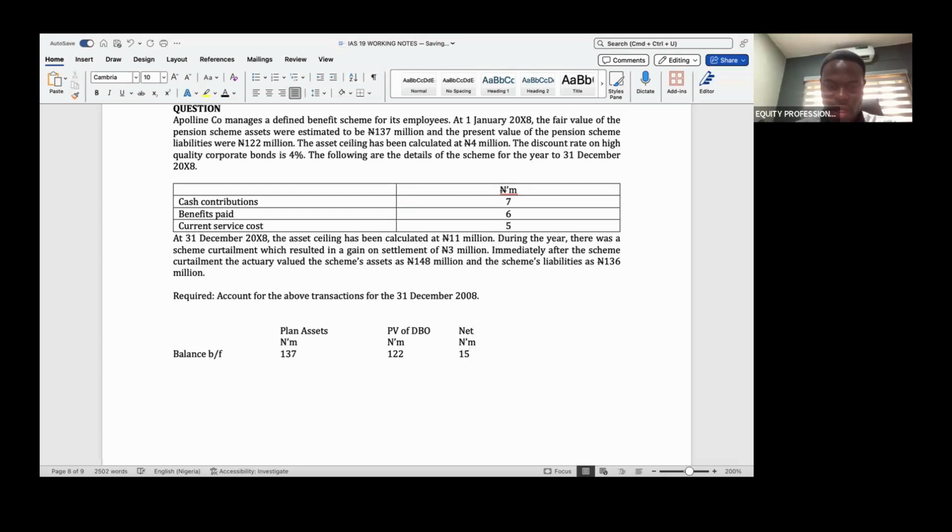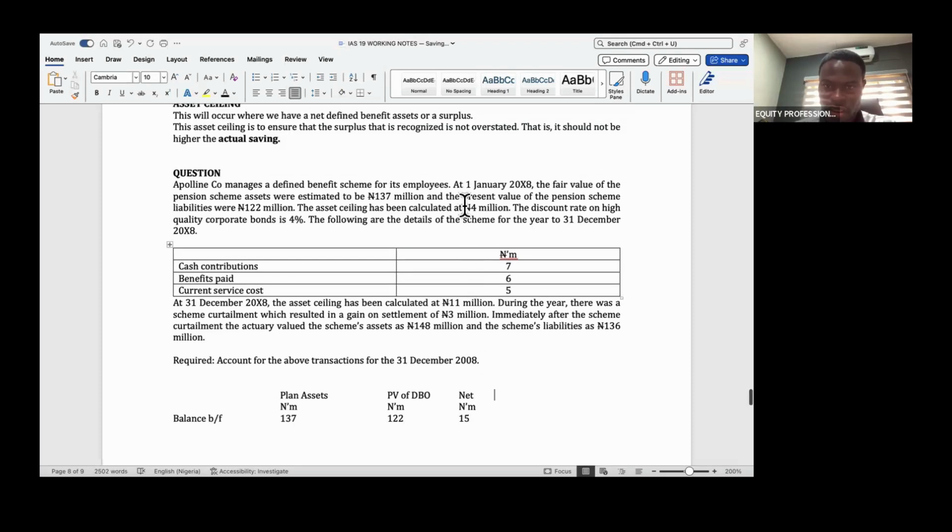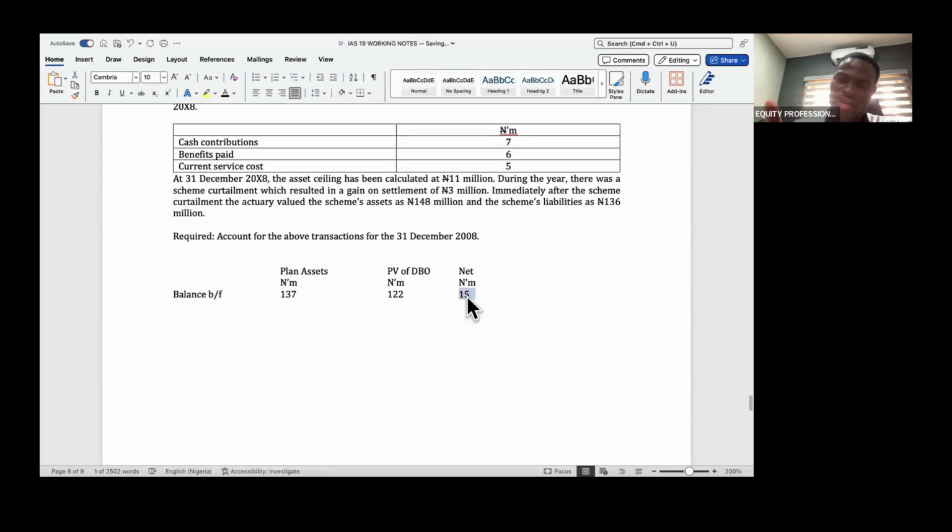However, I can see that they said the asset ceiling is 4 million. So that means you will see that the asset was higher than the liability. So ordinarily, we should have recognized this 15 in their books as a net defined benefit asset.